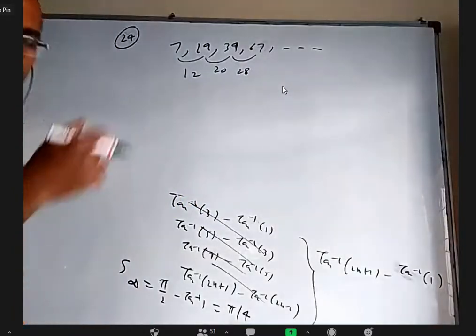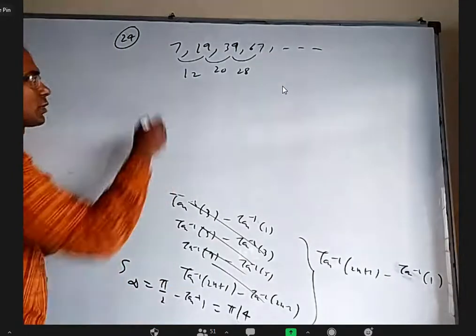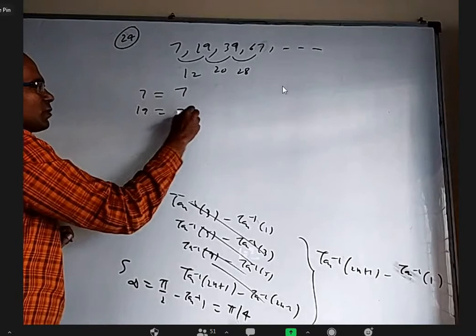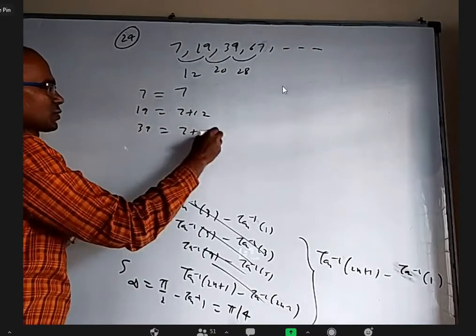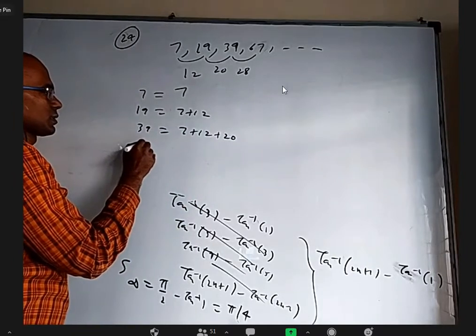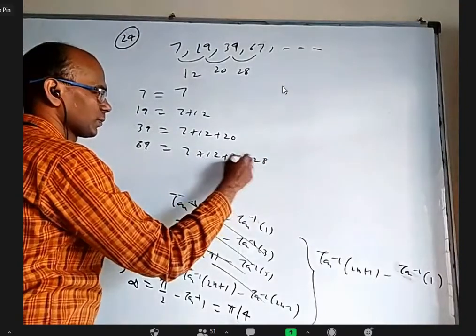You can see nicely the differences are not equal, but they themselves are in AP. So again, same story. 7, 19 I will write as 7 plus 12, 39 as 7 plus 12 plus 20, and 67 as 7 plus 12 plus 20 plus 28.